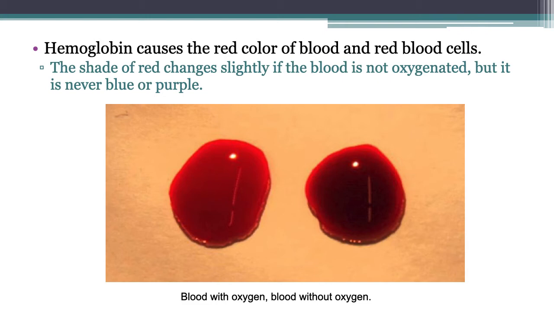For the purposes of labeling, we'll always use blue for deoxygenated and red for oxygenated. Obviously, if we used red for both, it would be more confusing. Using blue for deoxygenated makes it a little bit easier. But understand that those are the 2 examples. So the red is with oxygen, and on the right there, that darker red is without oxygen.